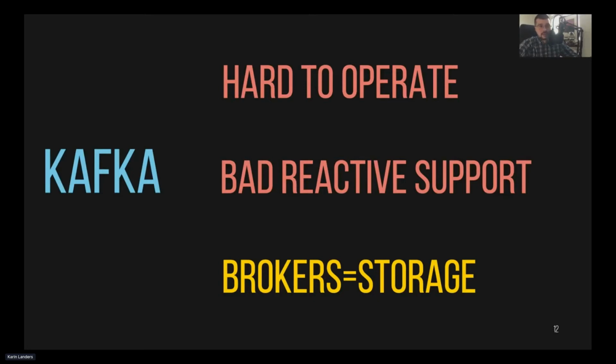Besides that, Kafka is known as a broker where all the brokers are highly coupled with the storage. So you cannot really move brokers around without dealing with the storage. And since we use an event storage system where storage is quite important, we cannot lose anything from the storage.